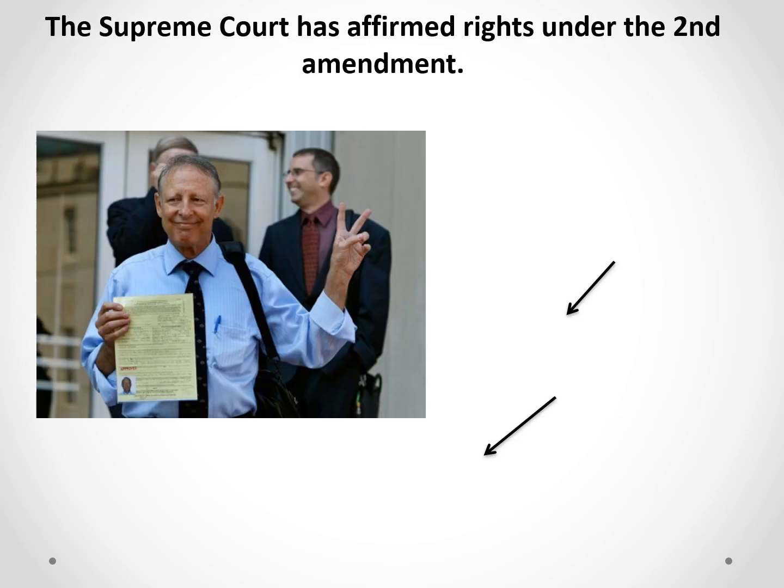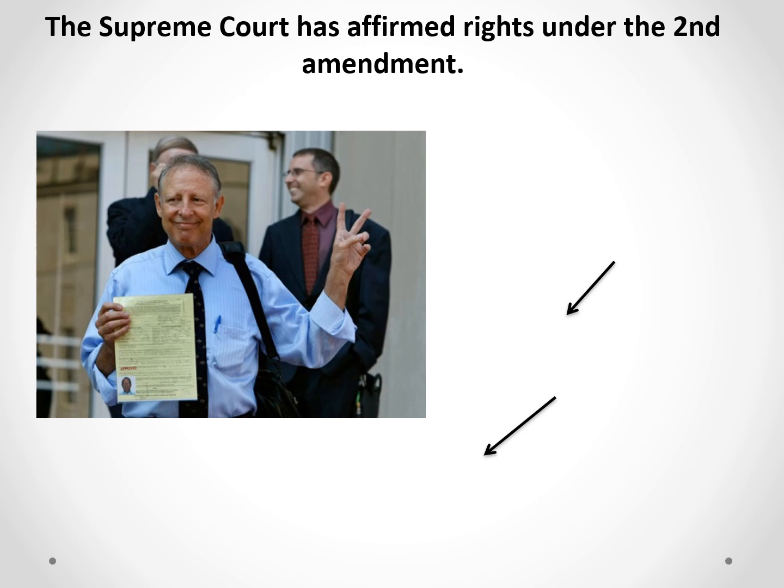So different states have different levels of gun control. Some states are much tighter on the regulation of guns than others. And the question is, using that balancing test that the Supreme Court uses so often, at what point do gun control laws start to infringe upon the Second Amendment?